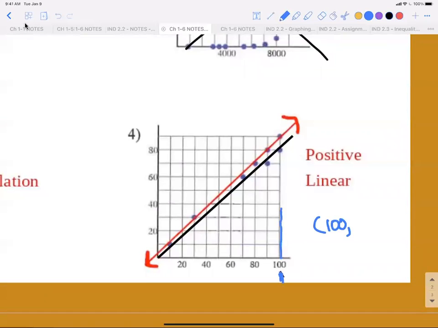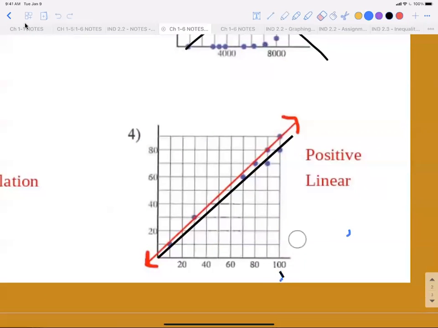If I want to go up and find the Y value, if one of you drew the red line and one of you drew the black line, is your Y value going to be exactly the same? And that's okay. As long as it's in that acceptable area, you're good. What you wouldn't want is a Y value way down here, because that obviously is not trending with the data. Make sense? All right.